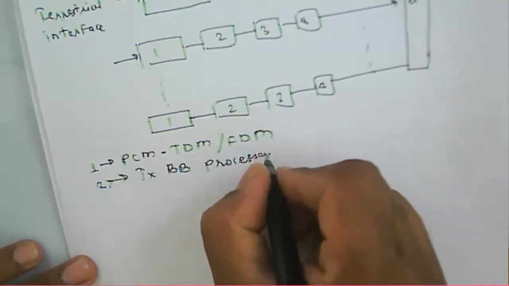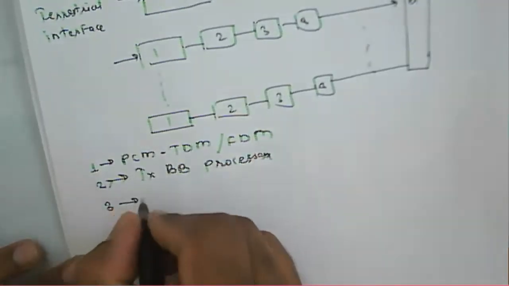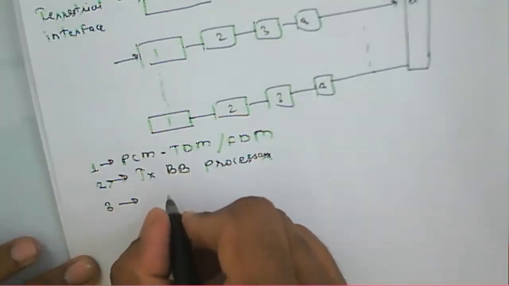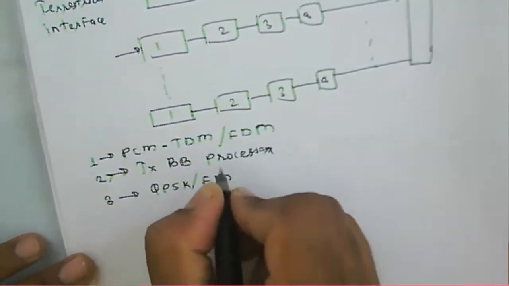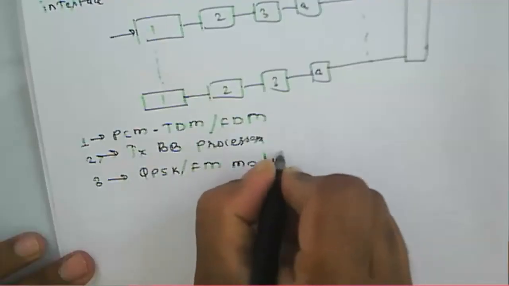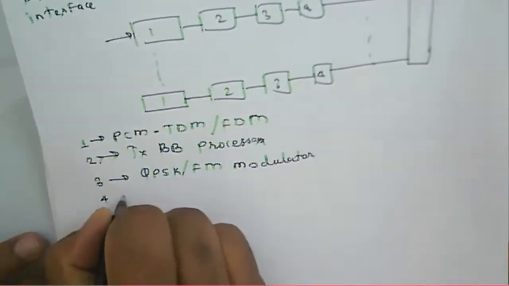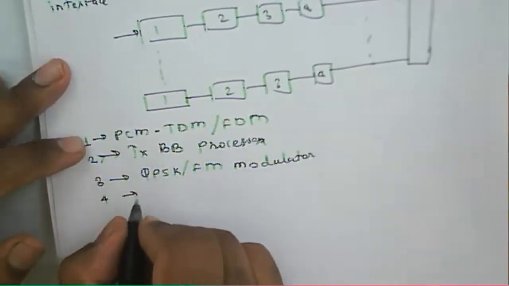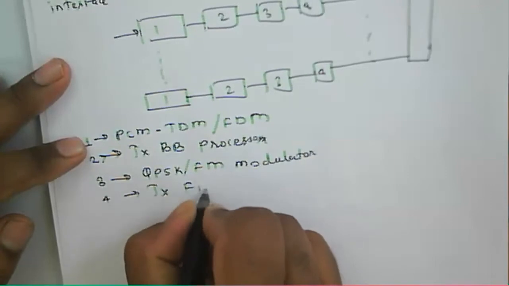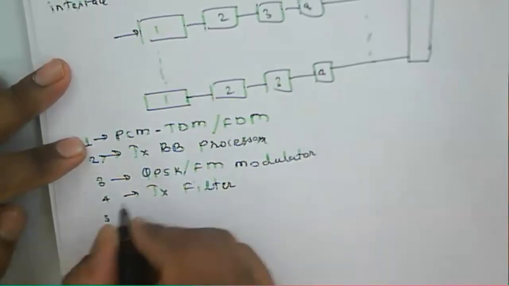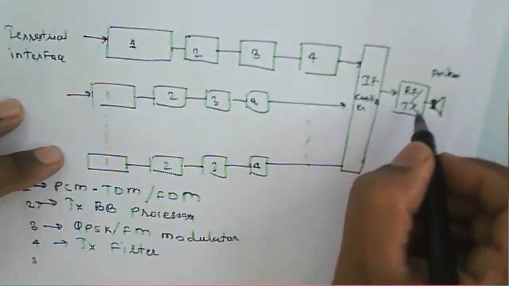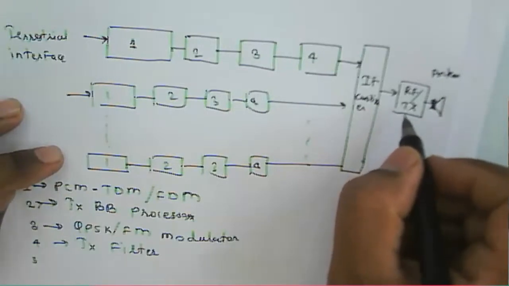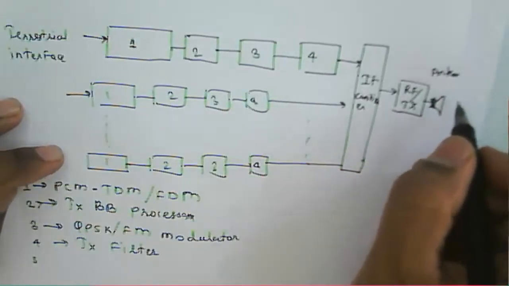Then three is the QPSK FM modulator. Then four is your transmission filter. And this is the IF combiner, and that is the RF transmitter switch. And this is your antenna.